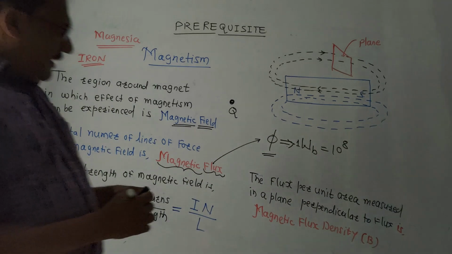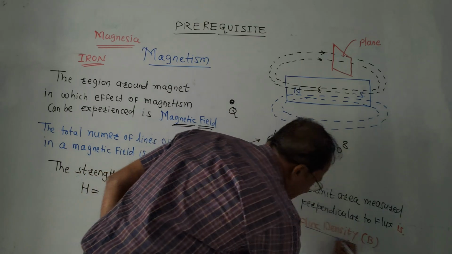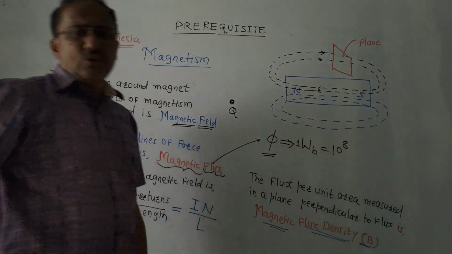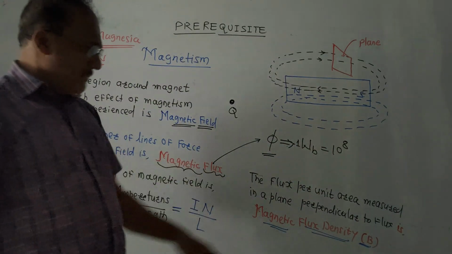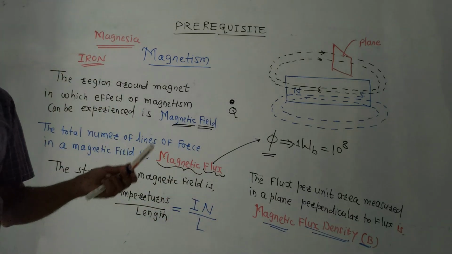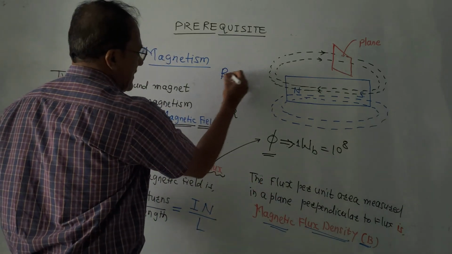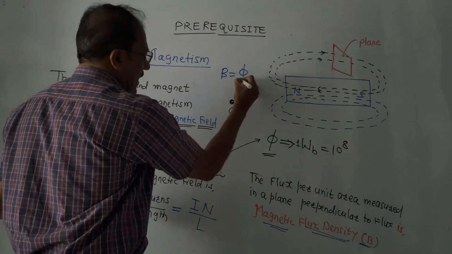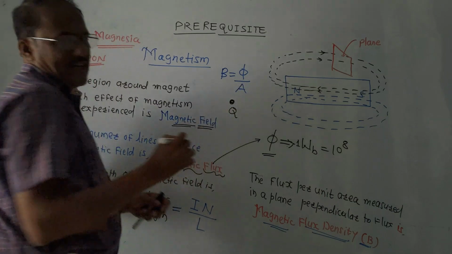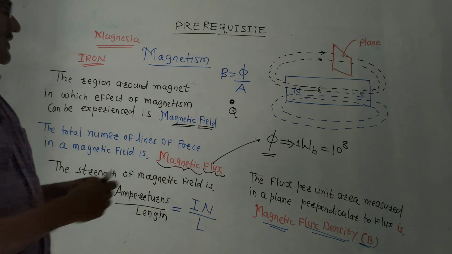The next part related to this is the term magnetic flux density. It is denoted by B, capital B. It is similar to any other densities, like we say current density and so on. So magnetic flux density, that is B, is defined as flux phi per unit area. Now, how can we generate the units?